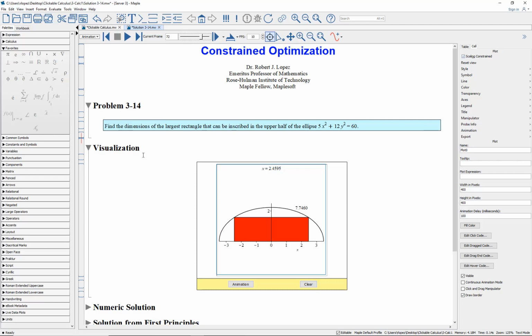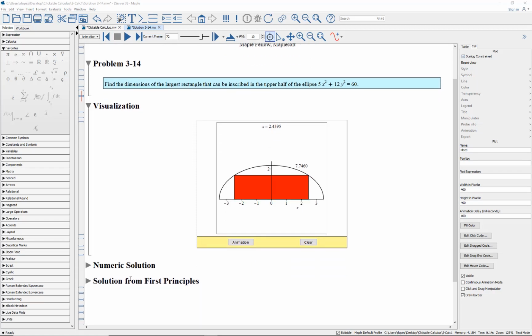But what this shows is, how do you find the area? This distance is x, this distance is 2x, and the height is determined by the y-coordinate on the upper branch of this ellipse. In a sense, we've just gotten a graphical solution to the problem.